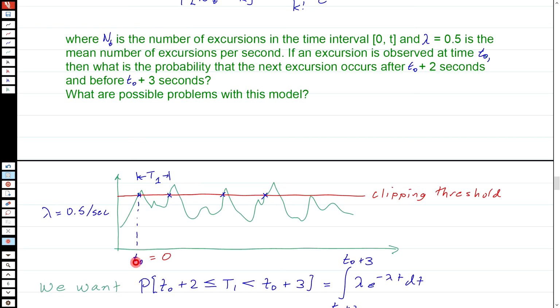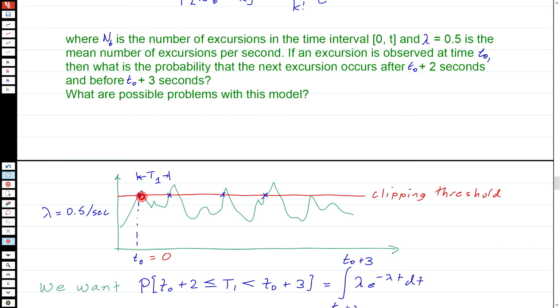So let's suppose we observe that we had an excursion at time t0. We don't really care when t0 is. If this is a Poisson process, every trial that comes after that is independent of that particular instant in time, t0. So we can set that to any number we want, but it's easiest to set it equal to 0. So we'll assume that we start observing at time 0. We had a threshold excursion at that instant, but if this is truly a Poisson process, the next instant has nothing to do with that first one.